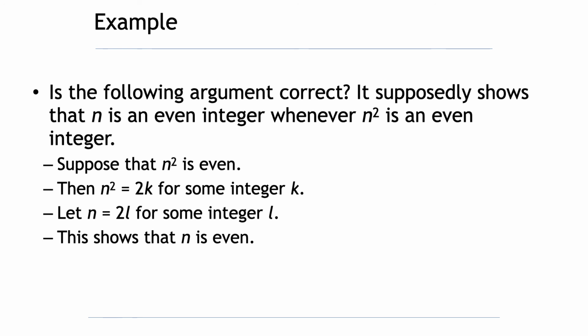In another way, you cannot assume a statement that is the same as what you want to prove, okay? Otherwise, the proof will never be right. Of course, the result itself is correct: n is an even integer whenever n squared is an even integer. What happened here is that the proof is the one that is wrong.